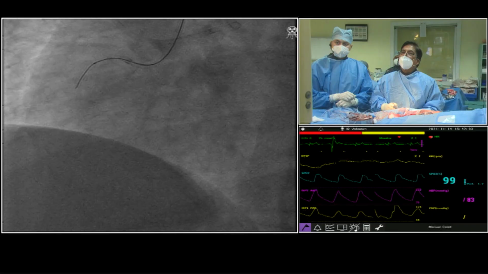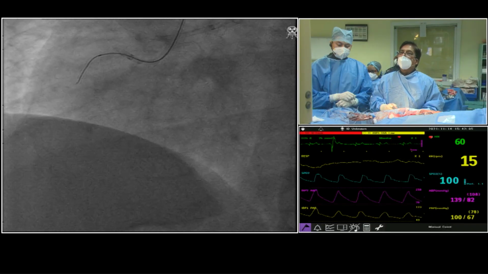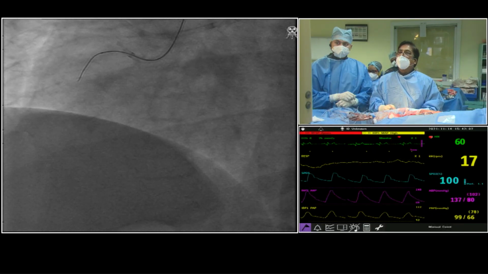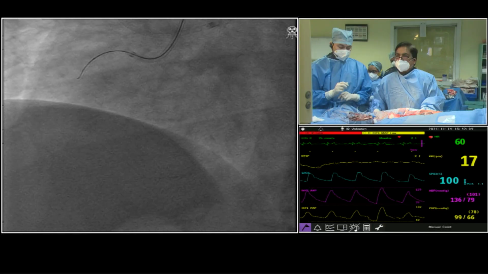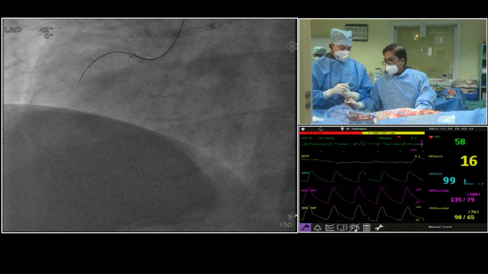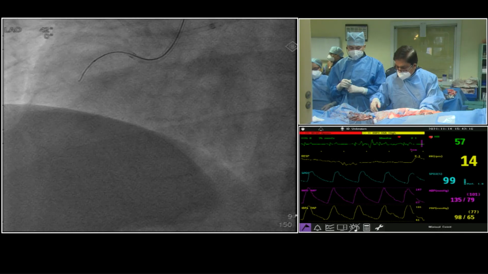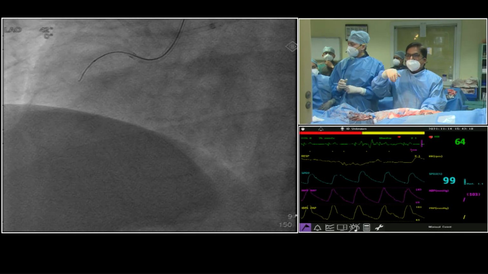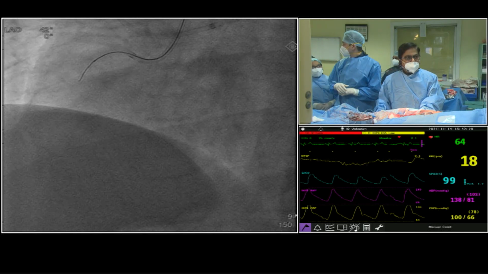Actually, can you show the images? They are not showing the images. Just tell them to show the images. Can I see an RAO? Can you make it RAO? RAO.